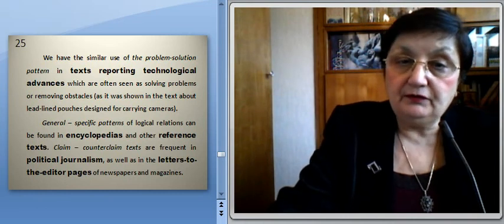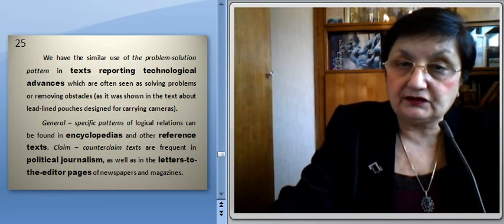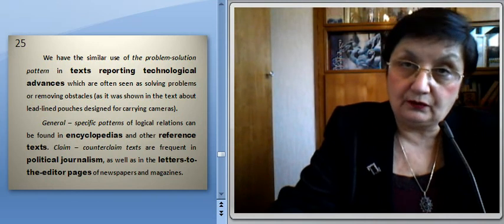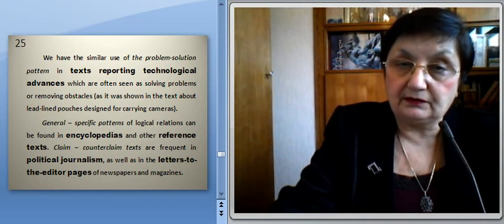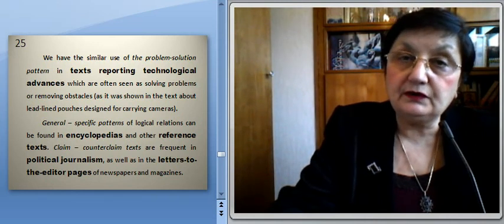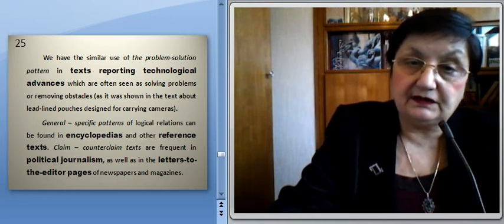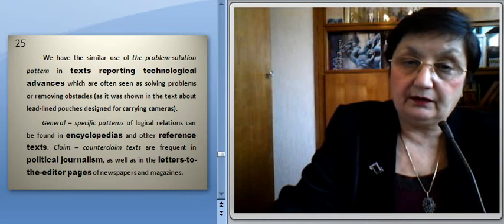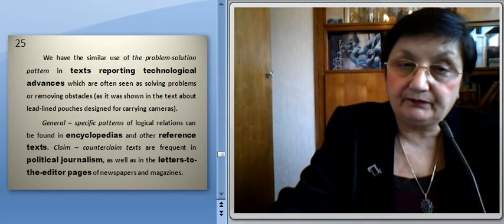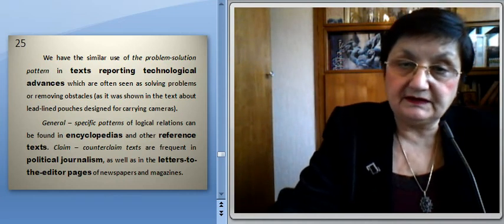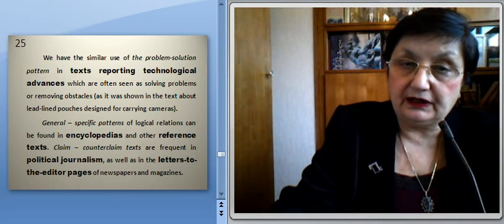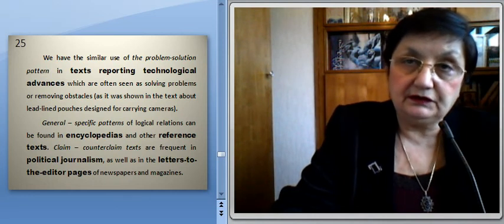General-specific patterns of logical relations can be found in encyclopedia and other reference texts, while claim-counterclaim texts are frequent in political journalism as well as in the letters to the editor pages of newspapers and magazines.